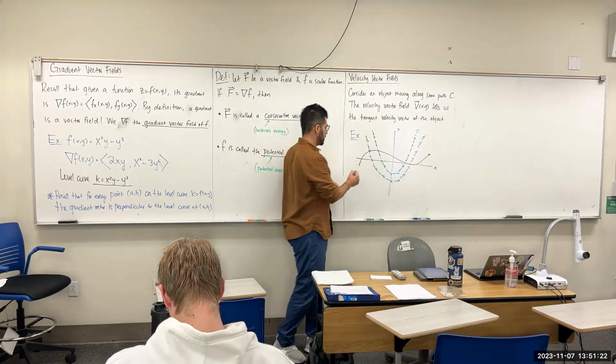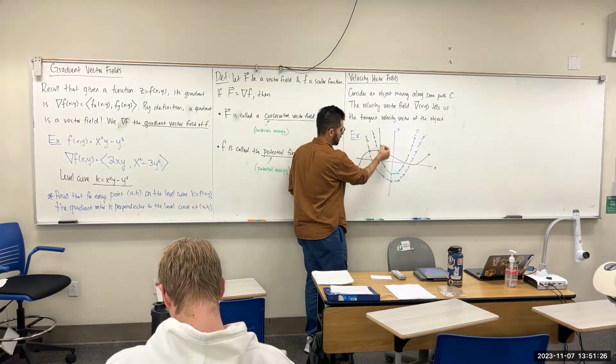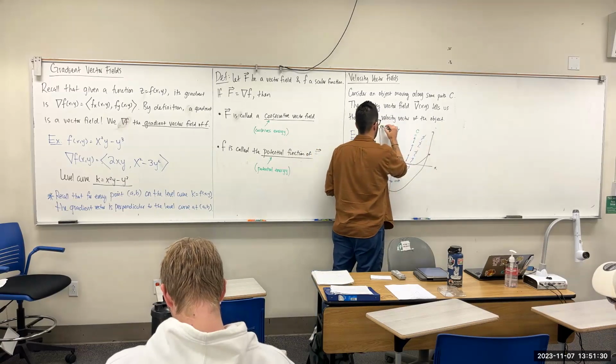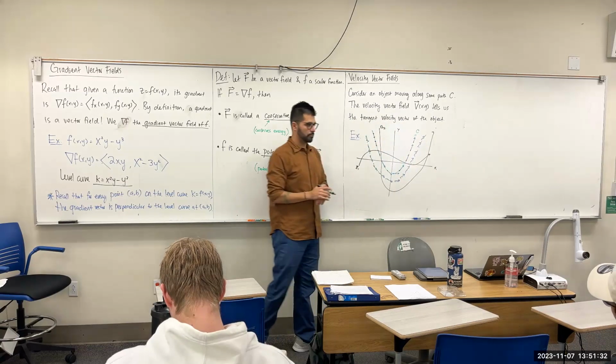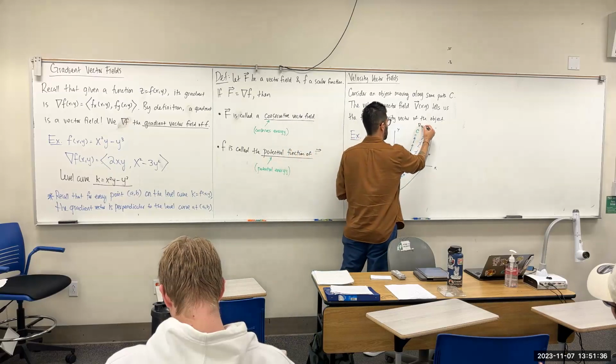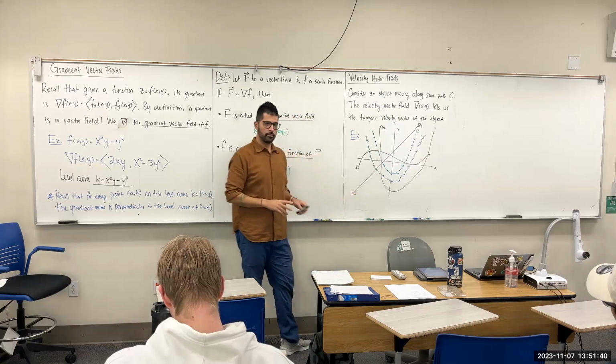Well, there's a different bird, let's say this is bird 1. There's a different bird that maybe goes like this. This is bird number 2. Okay? And there's a different bird over here, bird 3, that goes like this. Okay?